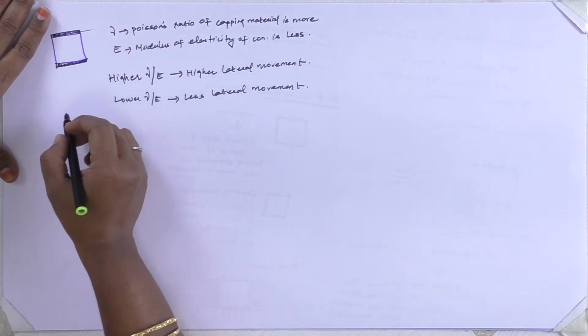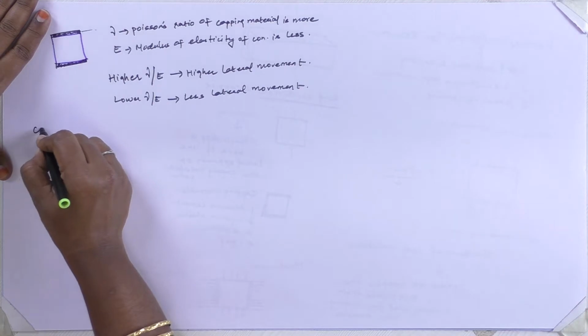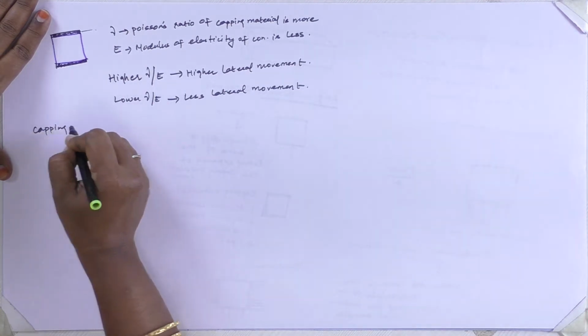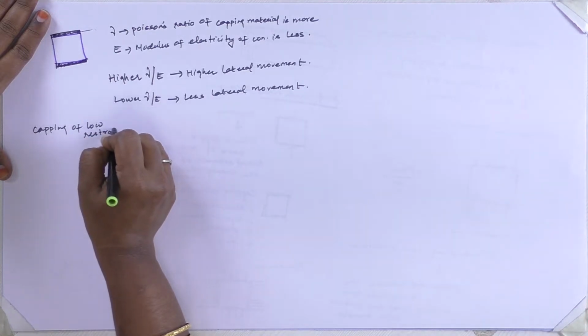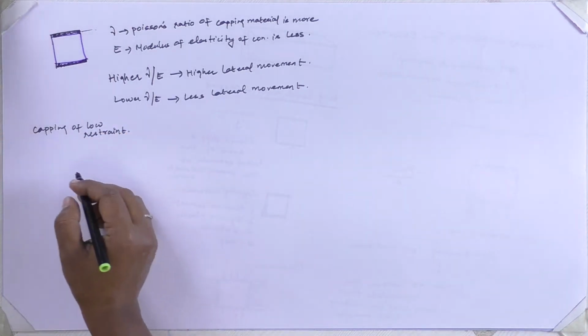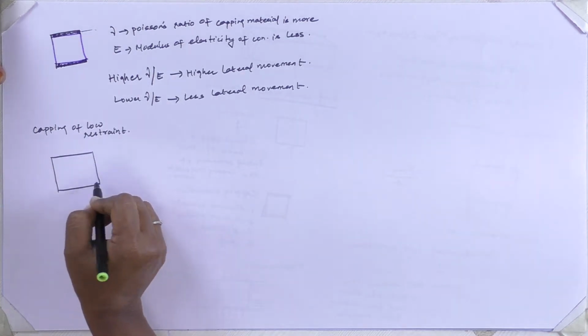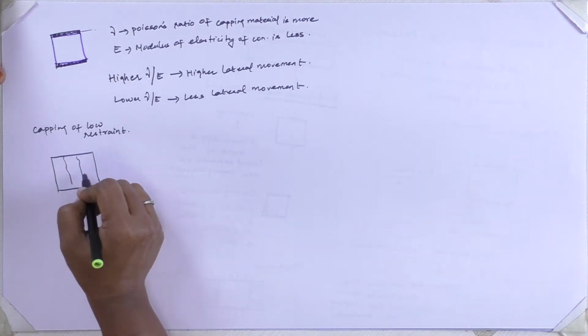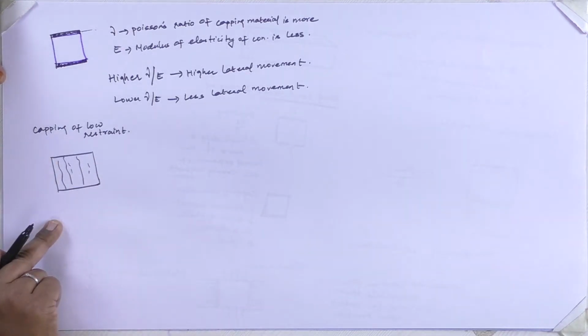Suppose we use a capping of low restraint, then how will my failure pattern be? My failure pattern will be in this manner.